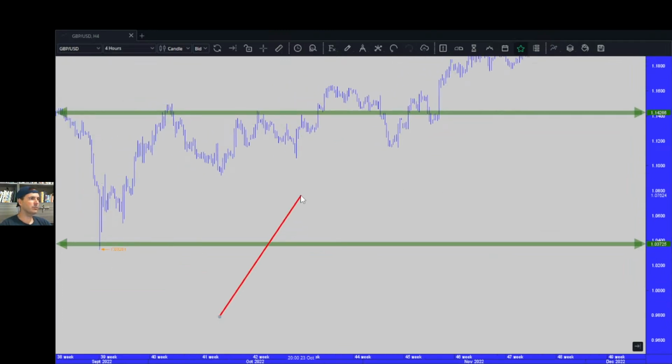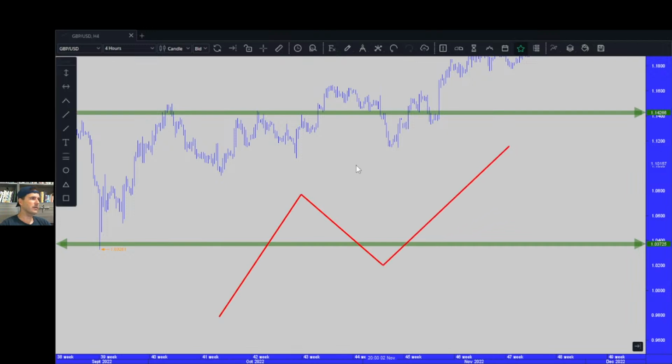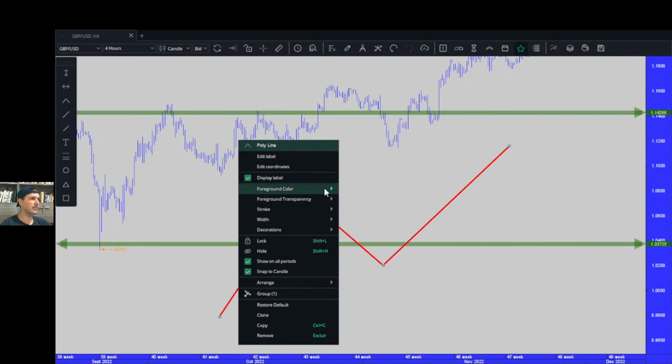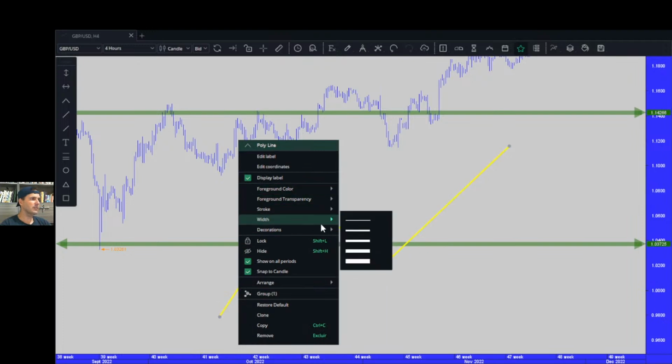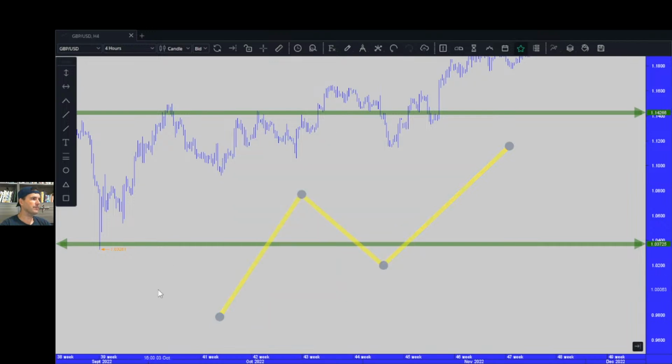Market wave rules. How to identify relevant highs and lows.